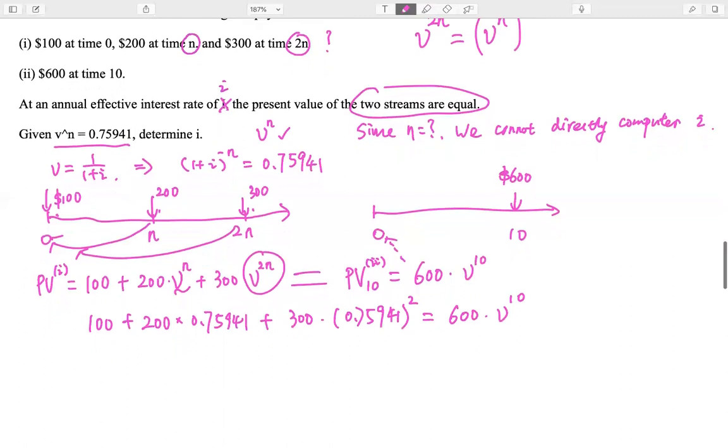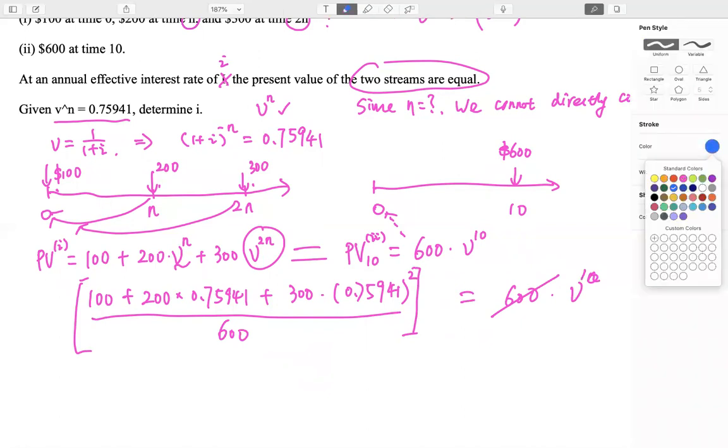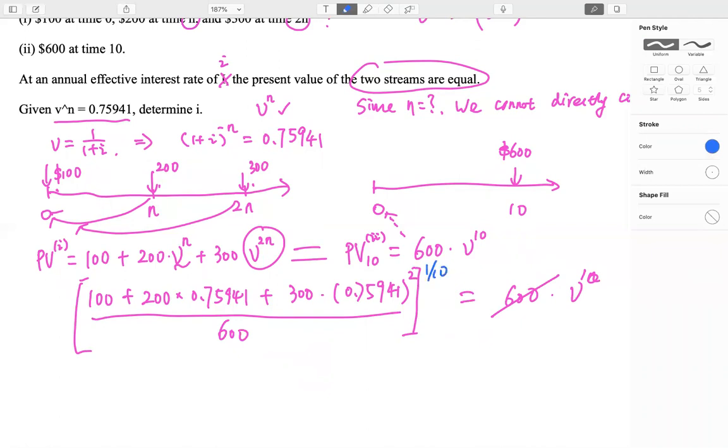Okay. That being said, everything on the left-hand side is known, right? So I can actually calculate and divide by 600. That is v to the 10. And then I take the entire thing to the power of 1/10, because I want to cancel this.